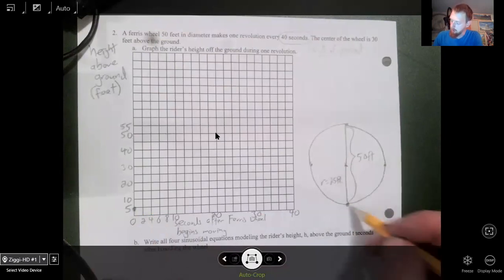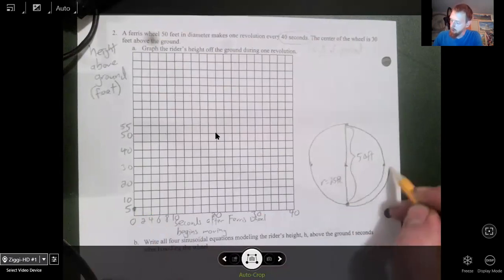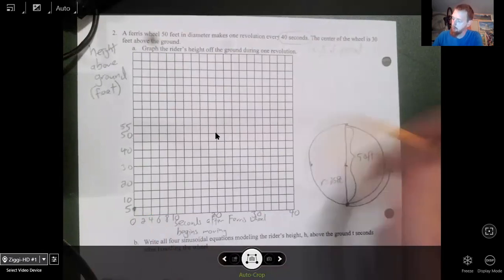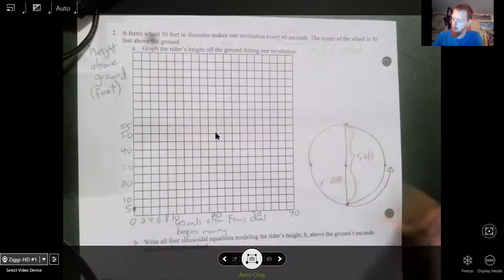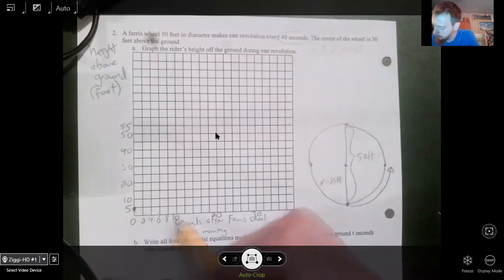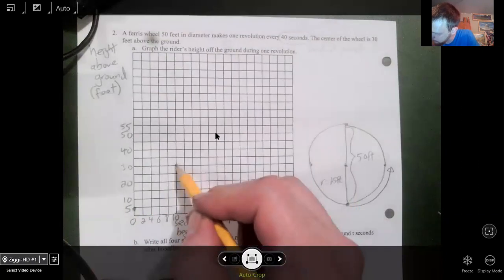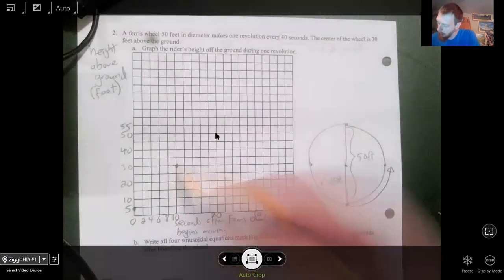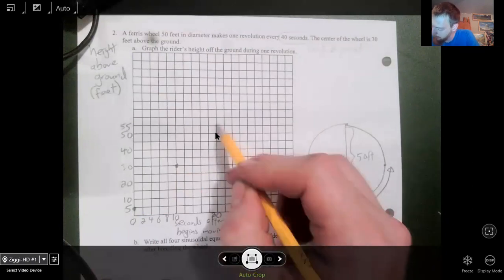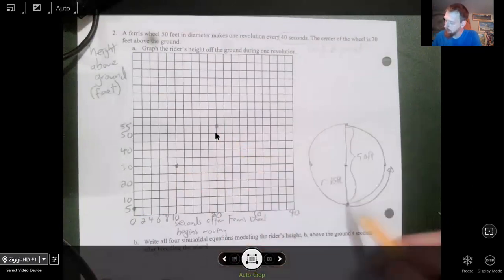So periodic motion, how long does it take for him to go 1 cycle? If it's 40 seconds to take 1 full revolution, then to go a quarter of the way would be a fourth of that. That would be 10 seconds, right? So after 10 seconds, he's up to the center of the wheel. After 20 seconds, he's reached the maximum height. That's 50 feet higher than he started, right?